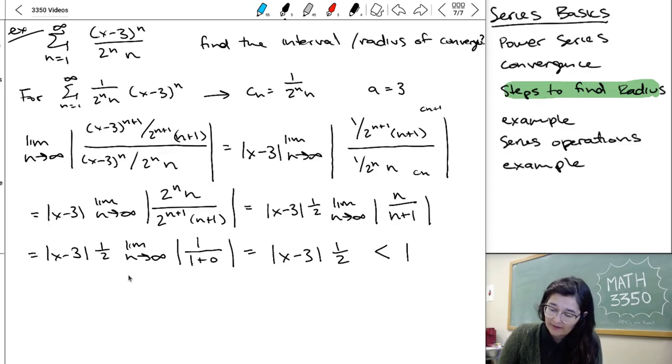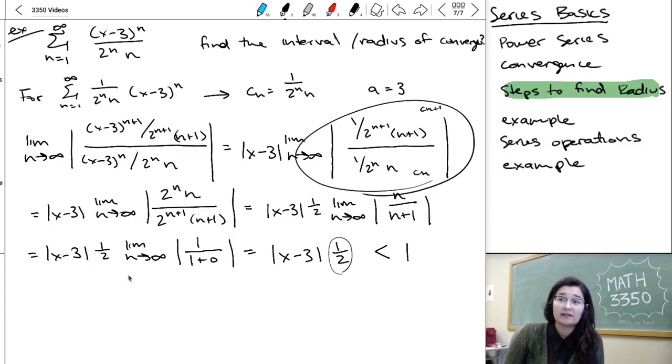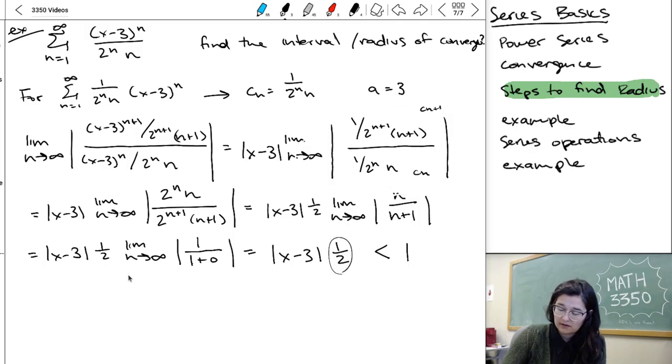Real quick, I want to highlight that this is the answer to this. It's the limit as n goes to infinity of absolute value Cn plus 1 over Cn. Or, using the notation from our steps, this is just that L. So if that pulling out the x minus 3 is confusing to you, you could just jump right into limit n to infinity Cn plus 1 over Cn.